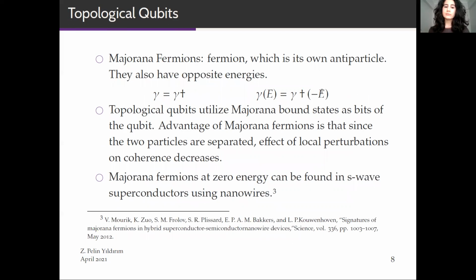This makes the system sheltered against perturbations. Thus, coherence is longer. This is crucial for a qubit since it's a measure of the capability of storing the information. Experimentally, Majorana fermions can be found in S-wave superconductors using a nanowire.